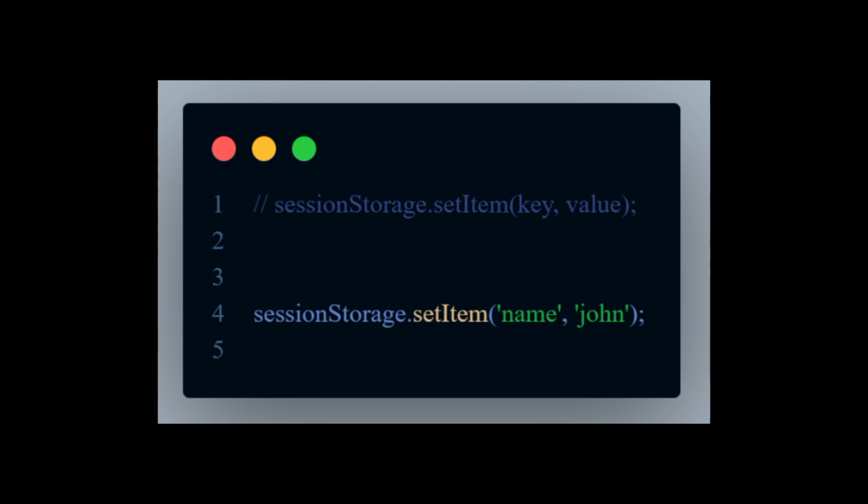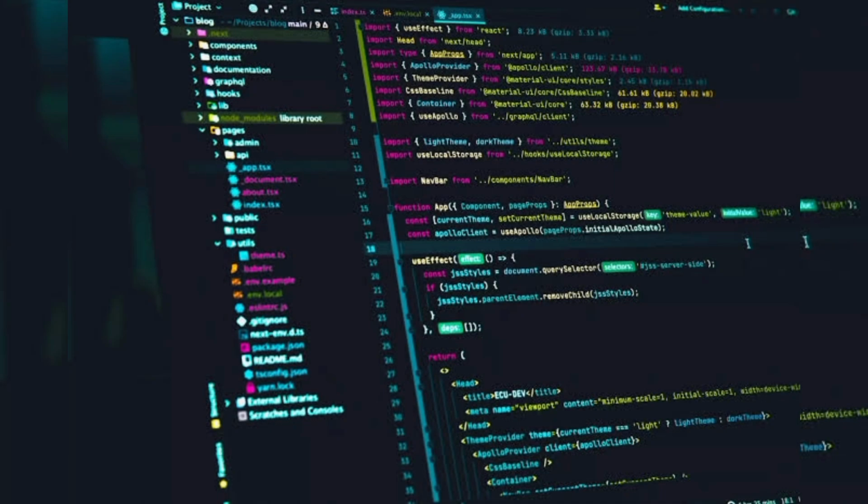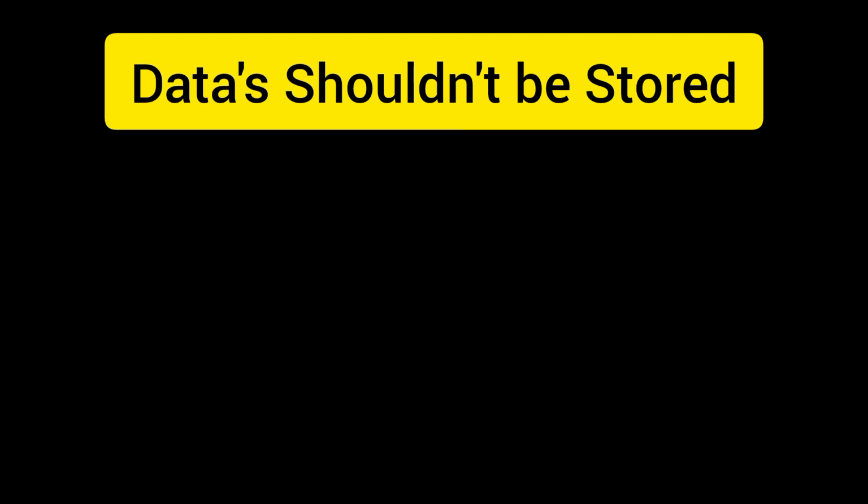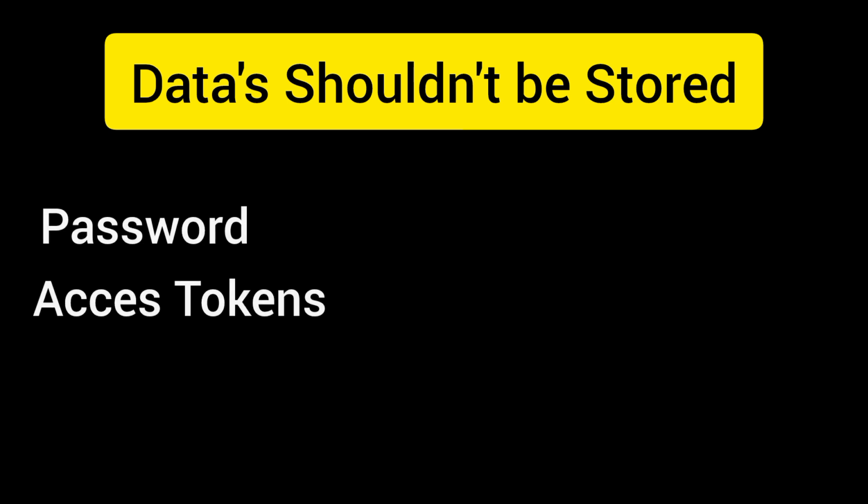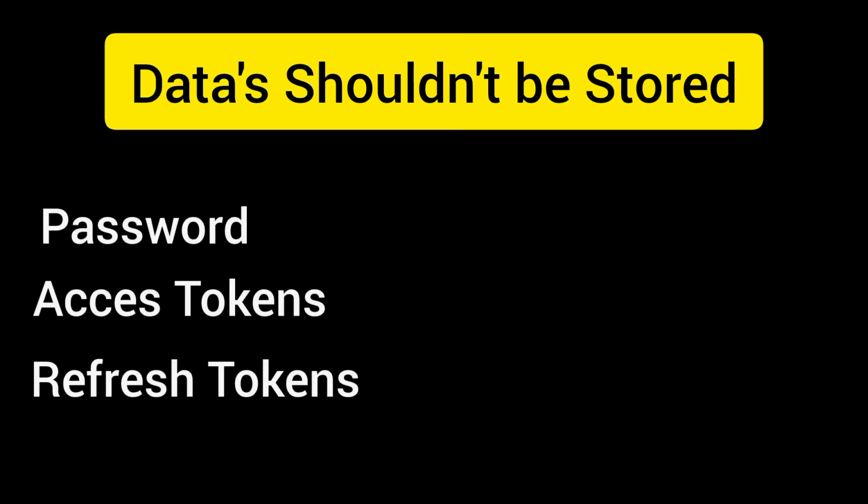The API is one thing. The lifetime and behavior is another thing also. Let me tell you something sensitive that will help you when it comes to security on your website. There are some data that should never be stored in local storage or even session storage, like passwords, access tokens like login details, refresh tokens.